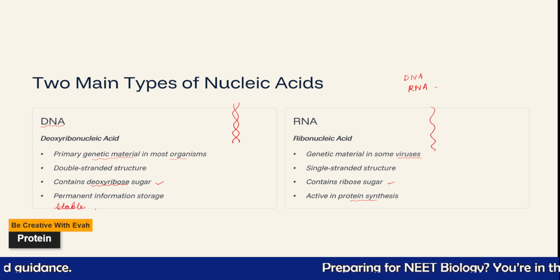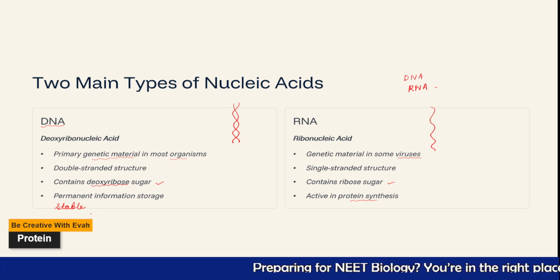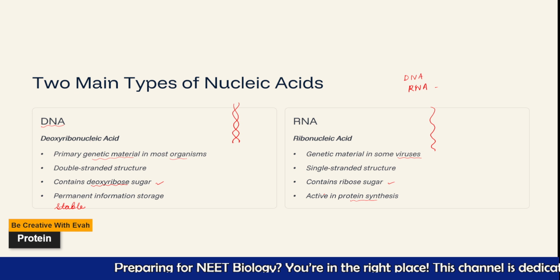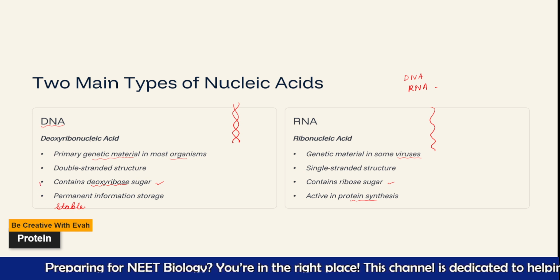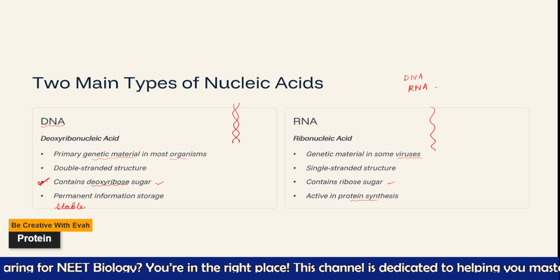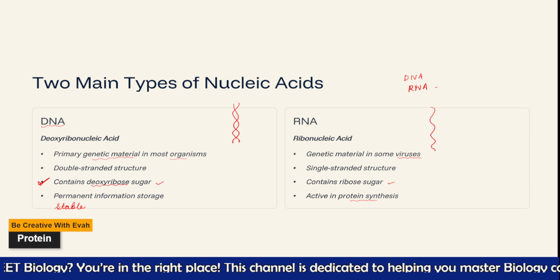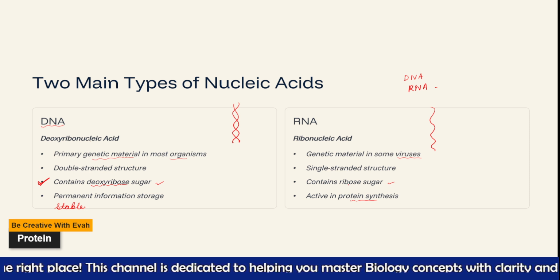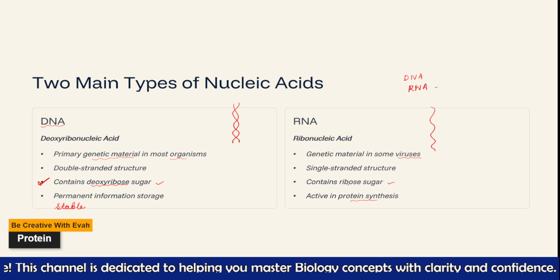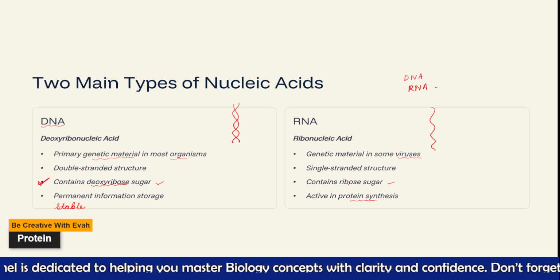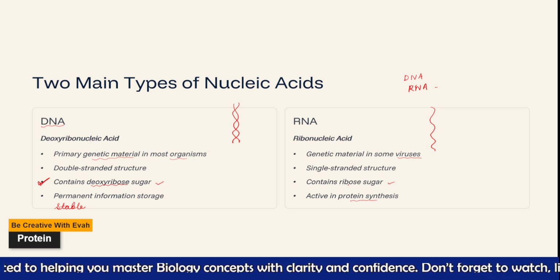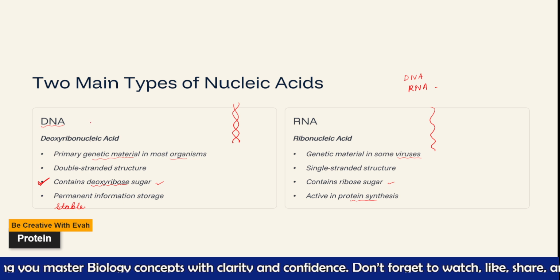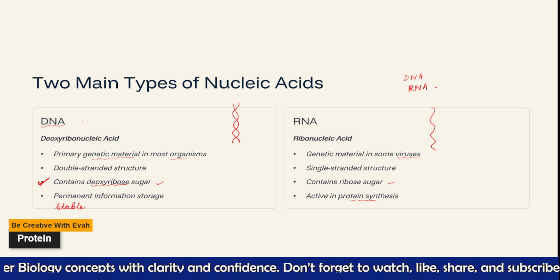And what are the reasons? This is an important question: the reasons for more stability in DNA than RNA. One reason is the presence of deoxyribose sugar, because there is one functional group less in DNA. If there is less functional group, it is more stable. And then the nitrogen base also has some difference. What are the nitrogen bases present in the DNA?